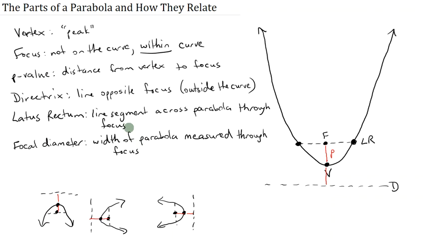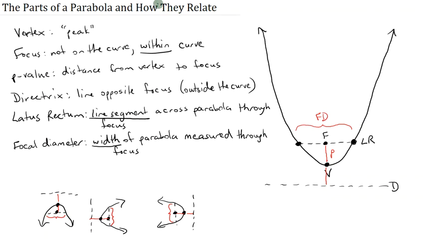The difference is the latus rectum is a line segment and the focal diameter is a width. It's a number. So the focal diameter is the length of the latus rectum, and that's always true. So over here, the focal diameter is this one. Here it's this, and here it's this. So that's your focal diameter.